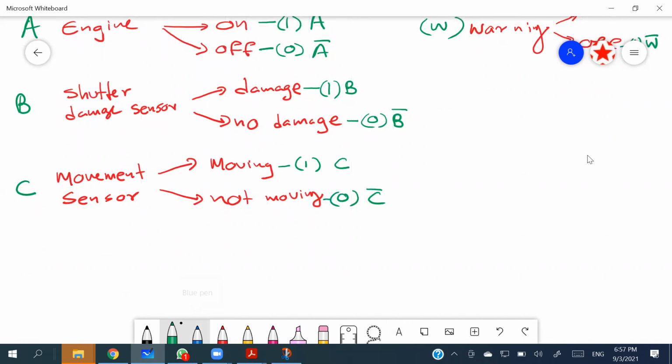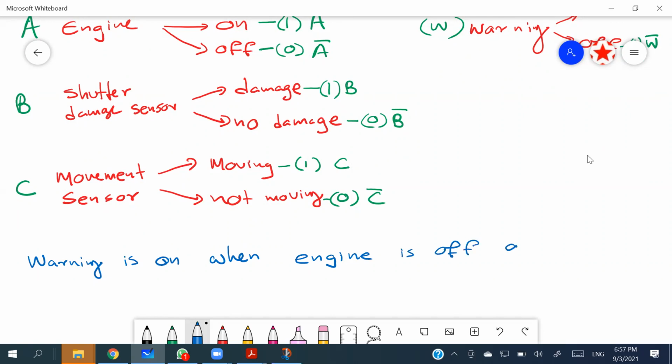We can describe it like this: Warning is on when engine is off and shutter is damaged or car is moving, right?